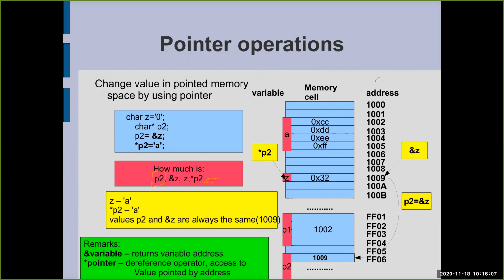Of course, you should consider this example. No. The value of P2 is an address. So if you have the notation like this, P2 is equal to ampersand Z, it means that the value of P2 is the address of Z. So not 32, but 1009.